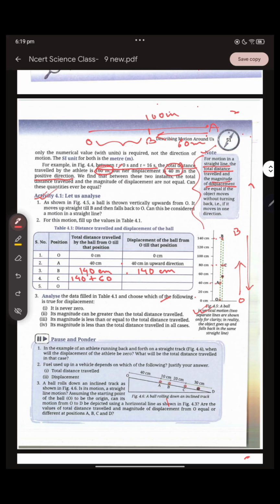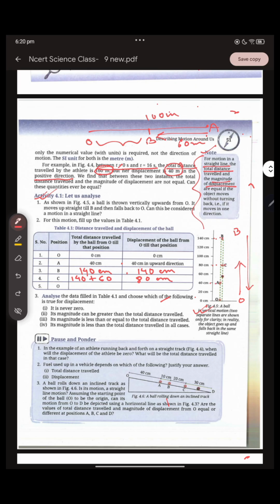Displacement is the difference between the two positions O and C. So in this case it will be 80 centimeter. Now since it is moving backwards, the value is changing. Right?